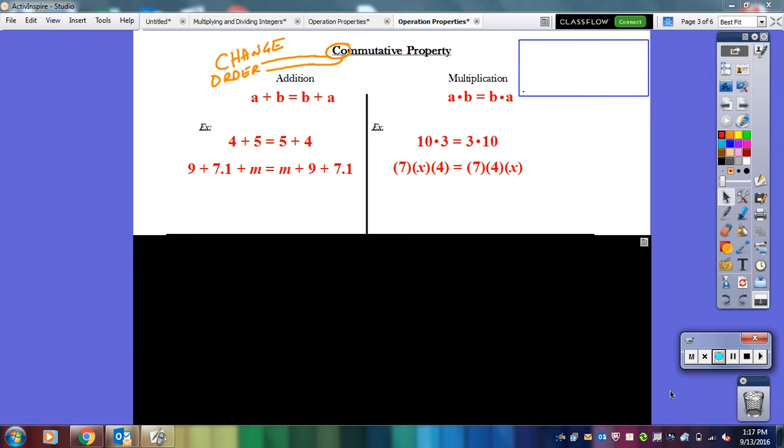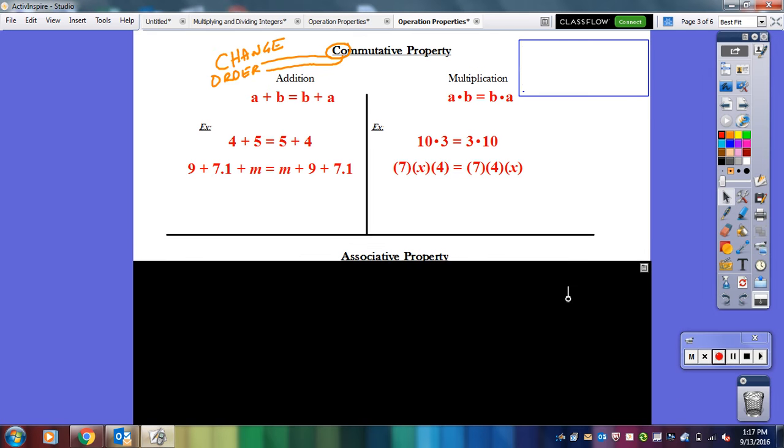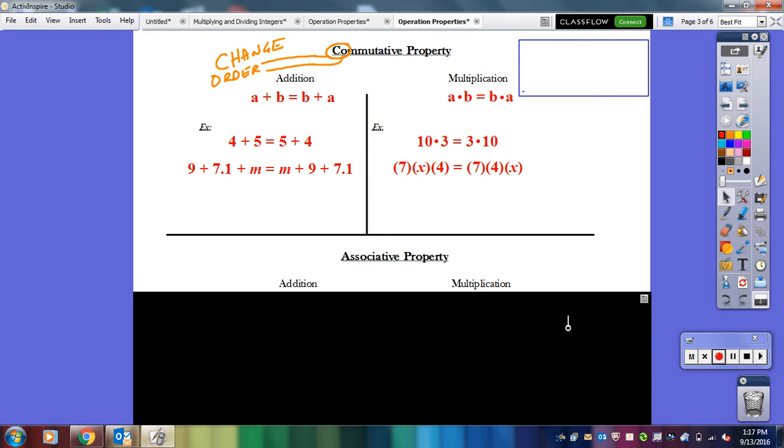The next property I'm going to talk about is the associative property. The associative property also has two versions. There's the associative property of addition, and there's the associative property of multiplication. Backtracking slightly, since there's a commutative property of addition and multiplication, I do want to mention that there is not a commutative property of subtraction, and there's not a commutative property of division.